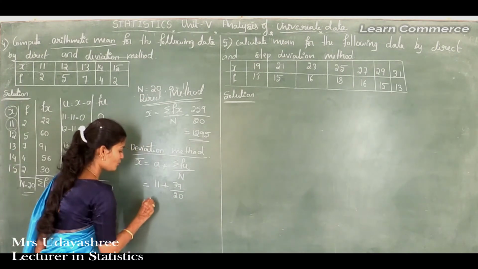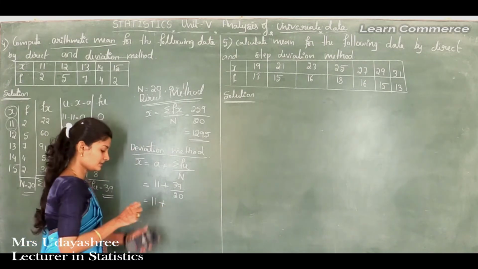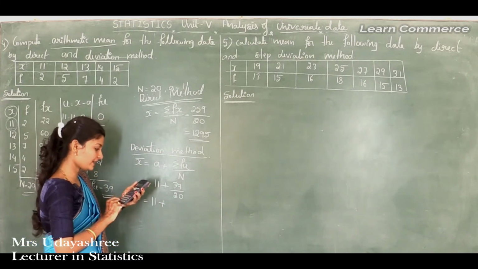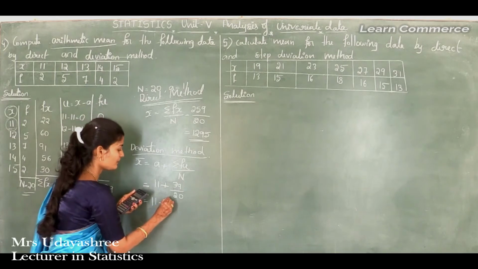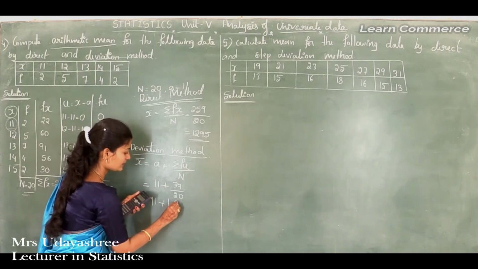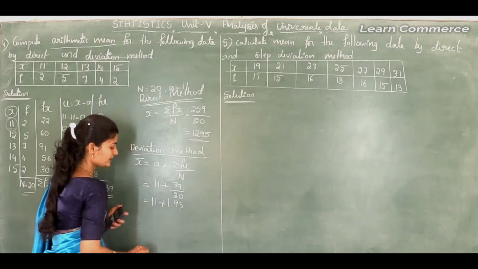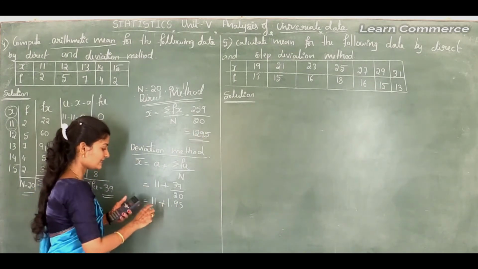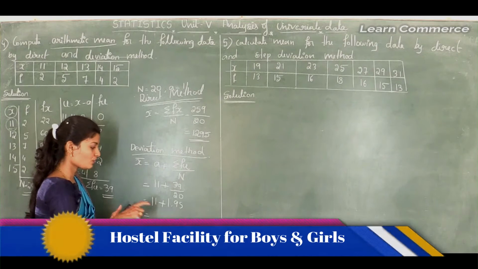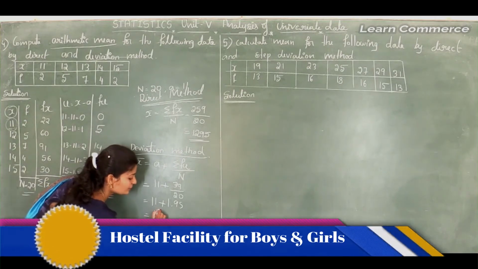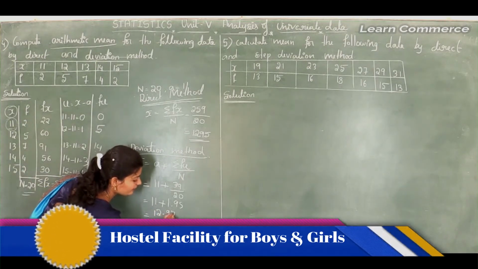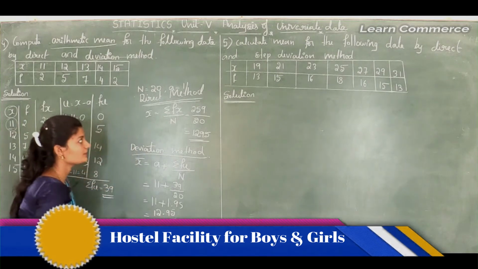So this is equal to 11 plus 39 divided by 20, which is 1.95. So that is 11 plus 1.95, which is 12.95.